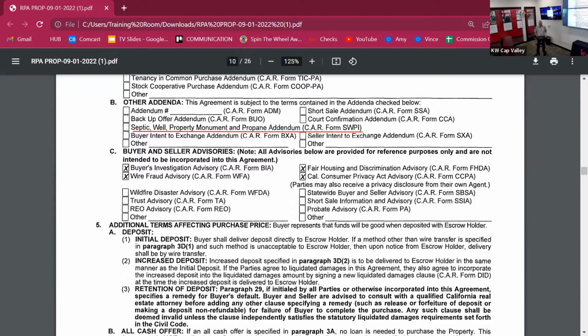oftentimes they're not very easy to find. For those of you who don't know, a septic system in a rural property replaces the sewer system. All of the toilets and wastewater flow into this big tank. It's got two lids on it and it's usually buried underground. The solids stay in one side, and the liquids flow over to the other side.